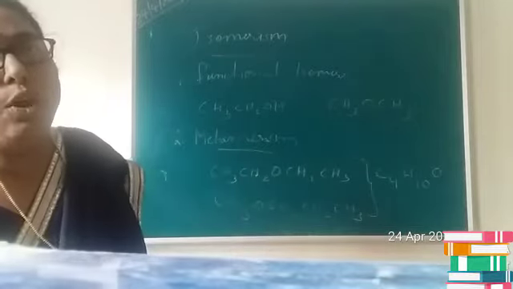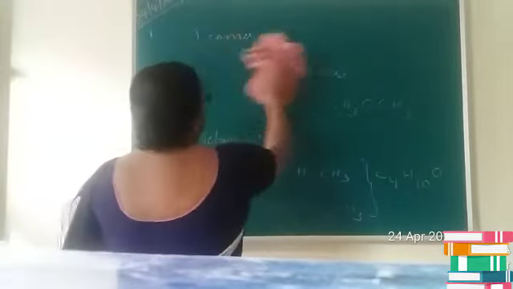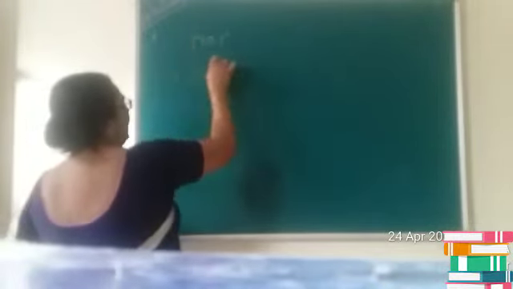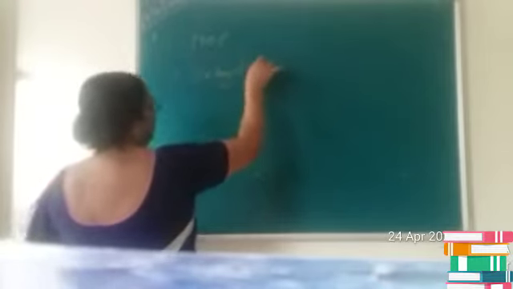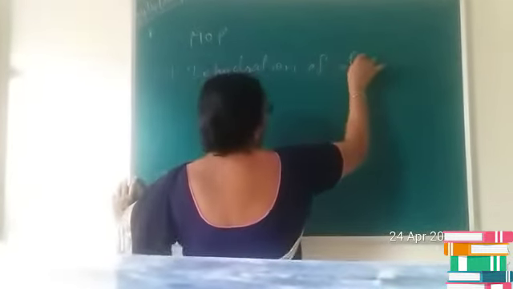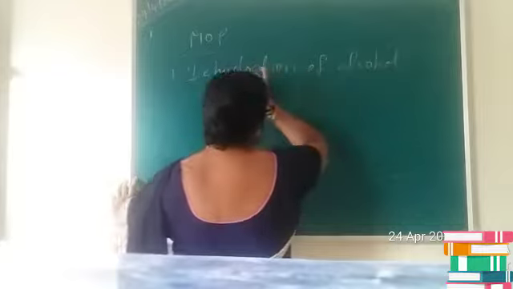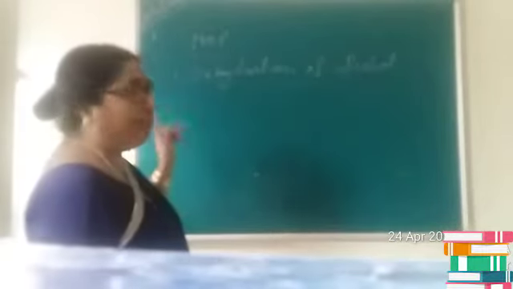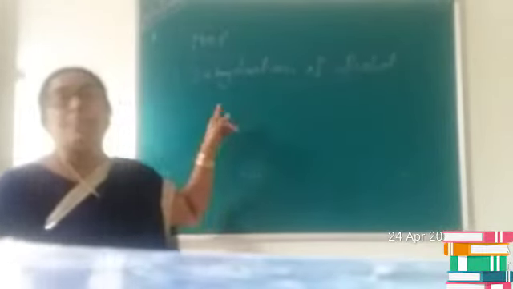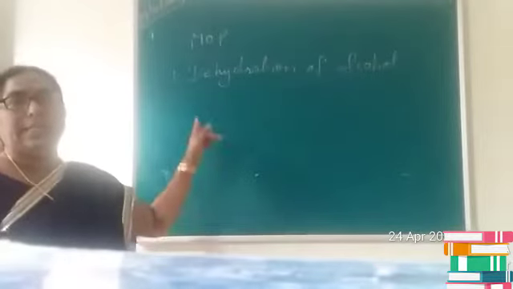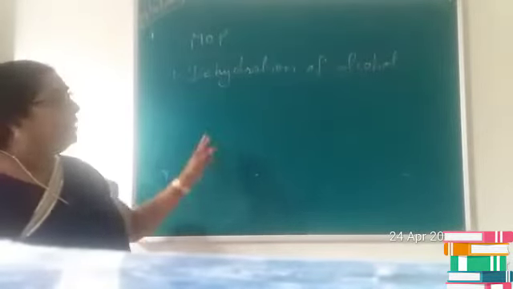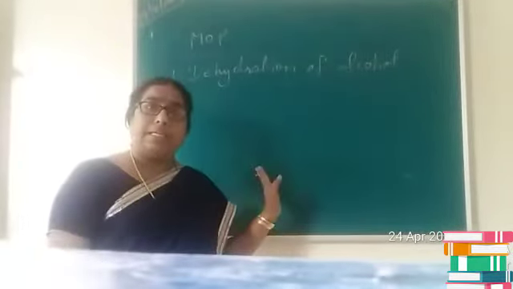Now, let us study the method of preparation of ethers. The first method we can consider is dehydration of alcohol. Students, we have already studied dehydration of alcohol as a property of alcohol, which results in the formation of alkene.